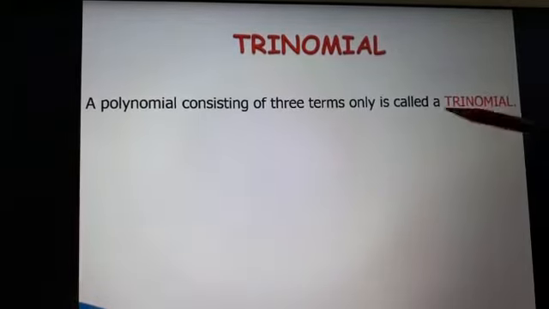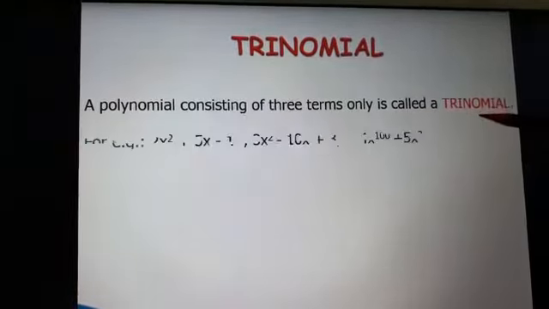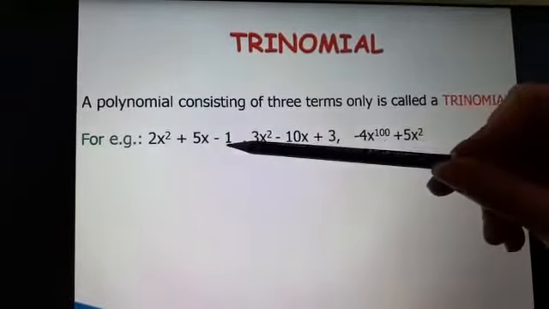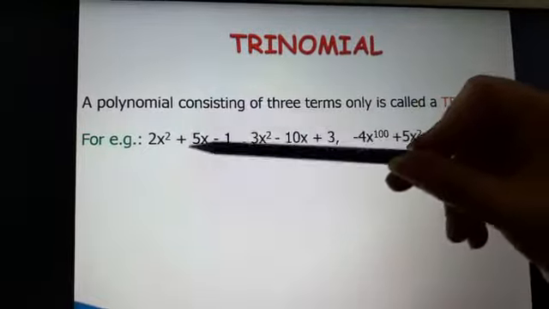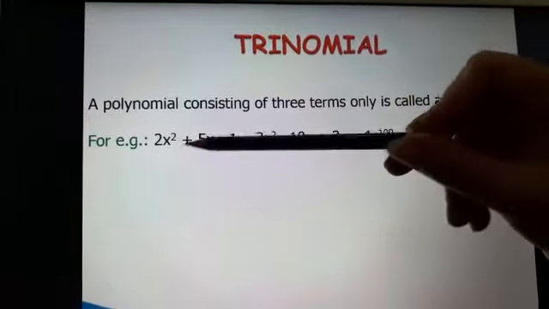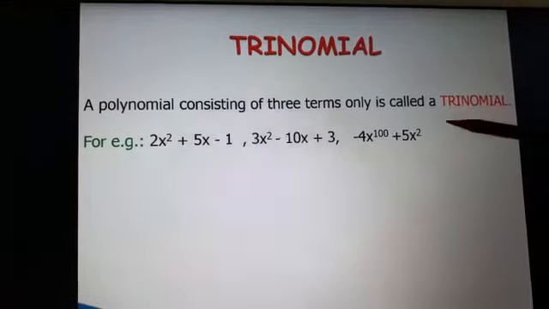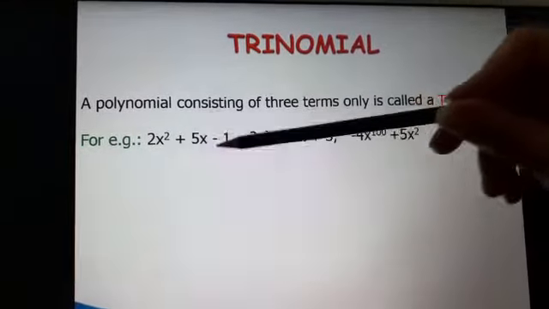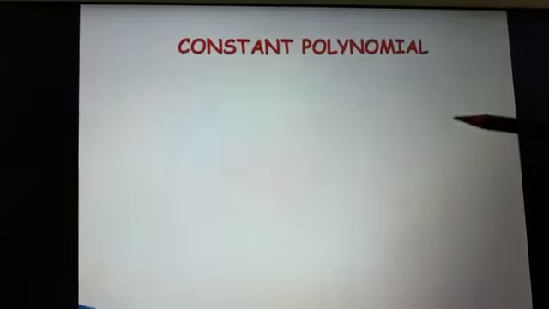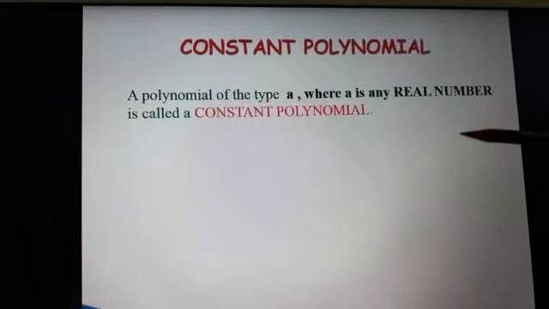Then trinomial, a polynomial having three terms. 2x² + 5x - 1. So 2x², 5x and 1, these are the three terms, and the plus and minus signs separate them into three terms.